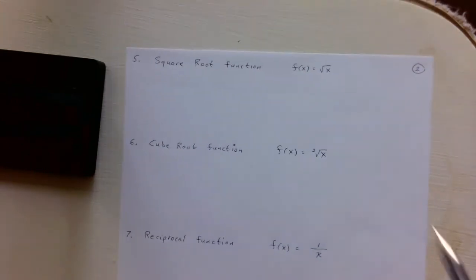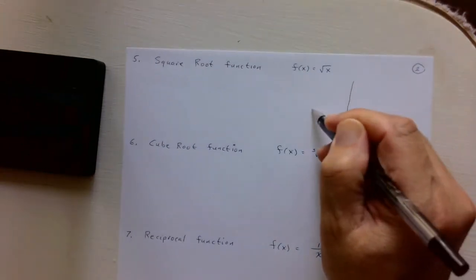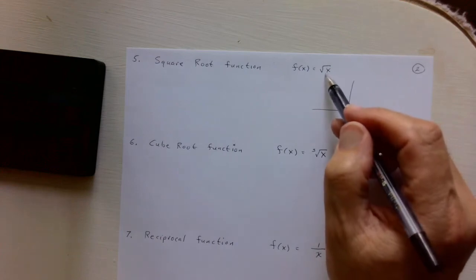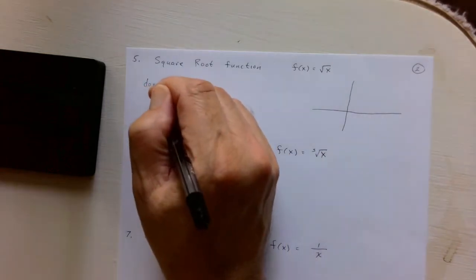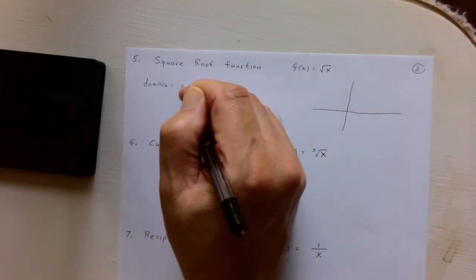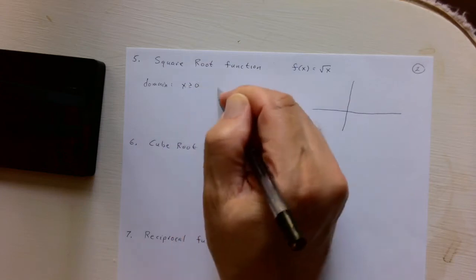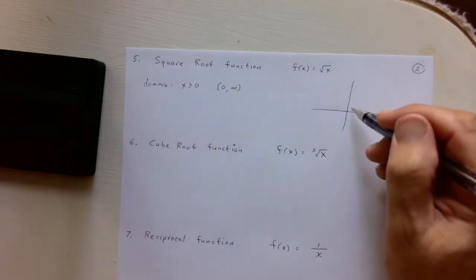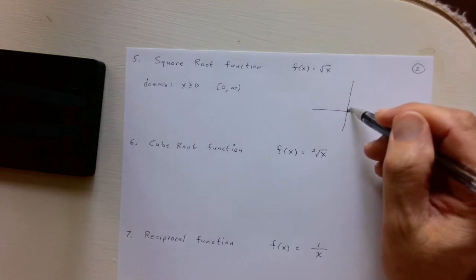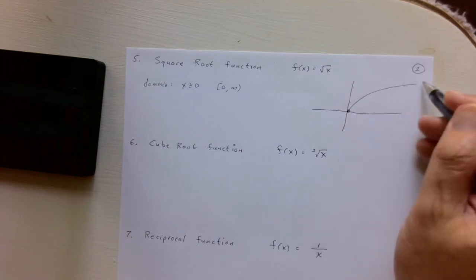Square root function. Here x has to be a non-negative number. x can't be negative. So the domain, as we've seen, x has to be greater than or equal to 0. That means the domain goes from 0 to infinity. And in fact, the graph looks like this. It starts at the origin and increases.